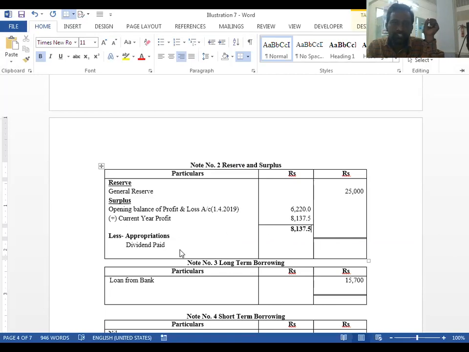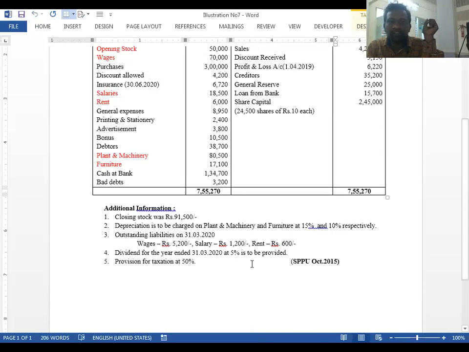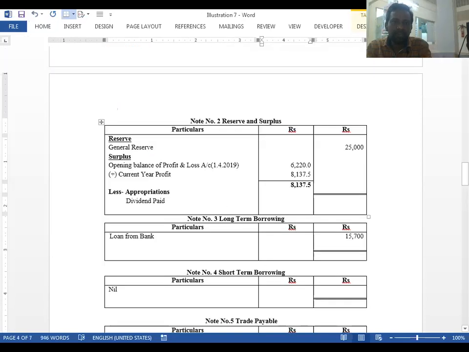Now it's time for appropriation. There is one appropriation here. Dividend for the year ended 31st March 2020 at 5% is to be provided. So we need to calculate 5% dividend on paid up capital. The amount of paid up capital is rupees 2,45,000. So this is the calculation of proposed dividend. 2,45,000 multiplied by 5%.